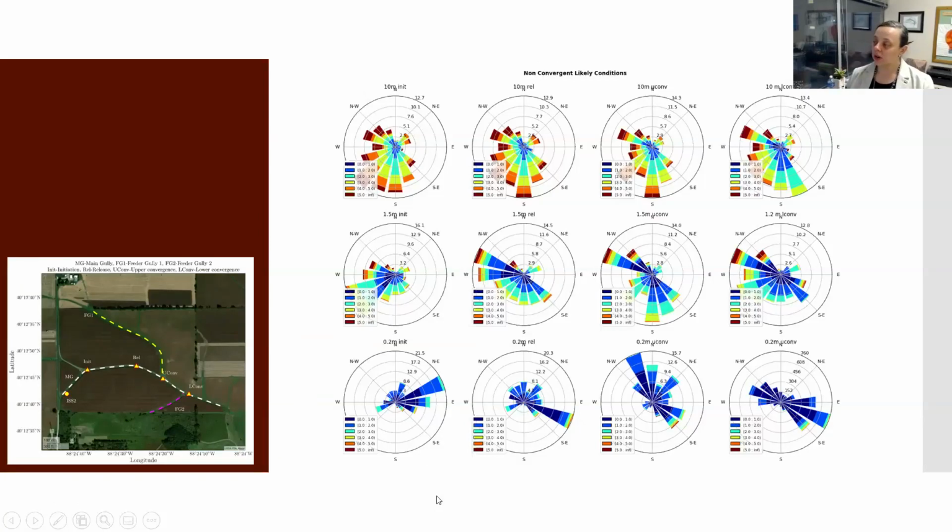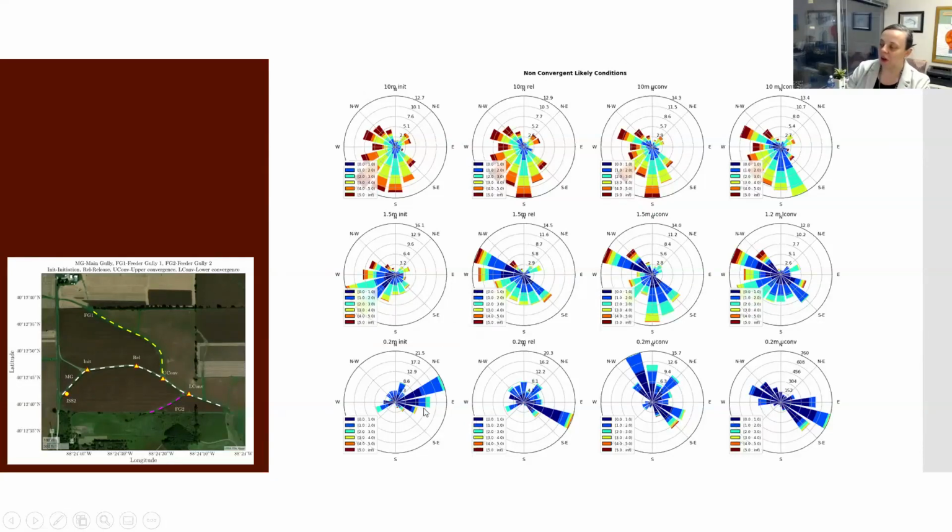And these are wind directions, wind roses for all the normal conditions. And you can see that normal conditions have at the 10-meter height some consistency along the gully. At the 1.5-meter height, there's some impact of the gully in the wind direction.